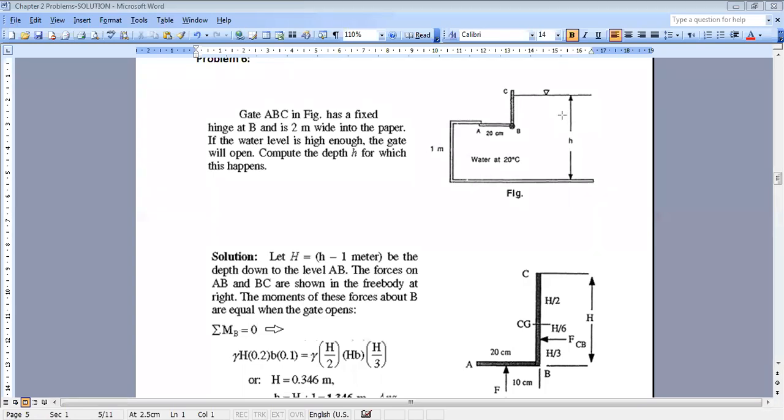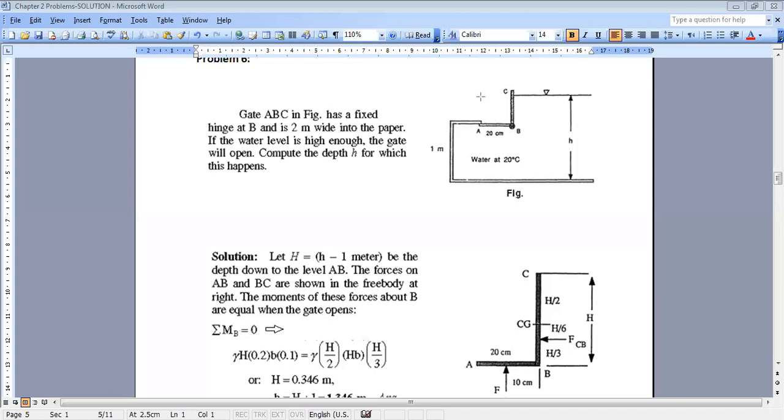This is why they asked for the minimum level of H to open the gate, okay? Because if H is small, then the force exerted here will not be enough to open your gate. So in this problem, the first step is to draw the free body diagram of the gate, because it's my system of interest.